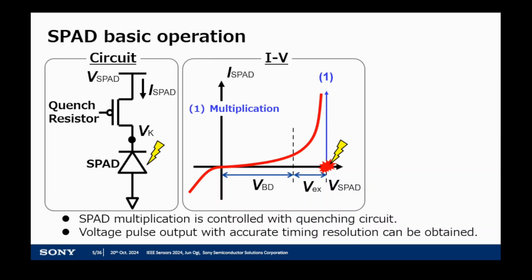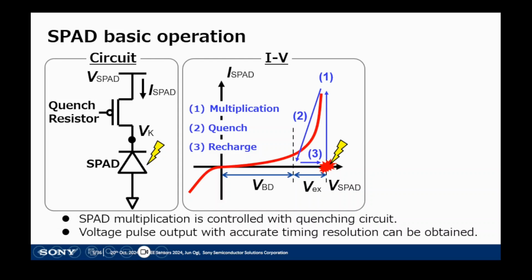The multiplication current is reduced by the voltage drop, resulting in the quenching of the multiplication. Subsequently, the current from the power supply via the quenching resistor recharges the SPAD node to its initial voltage.